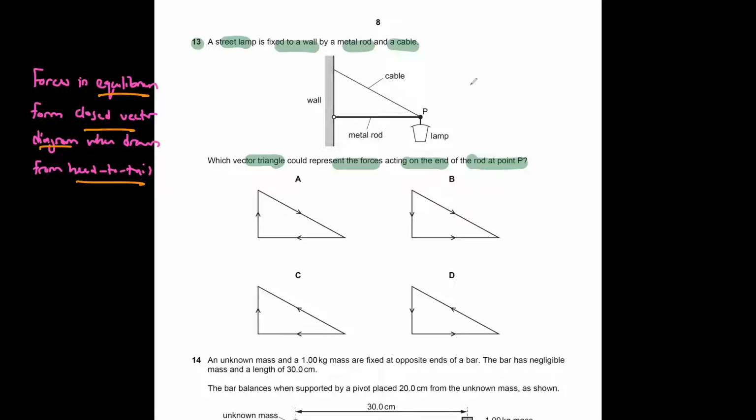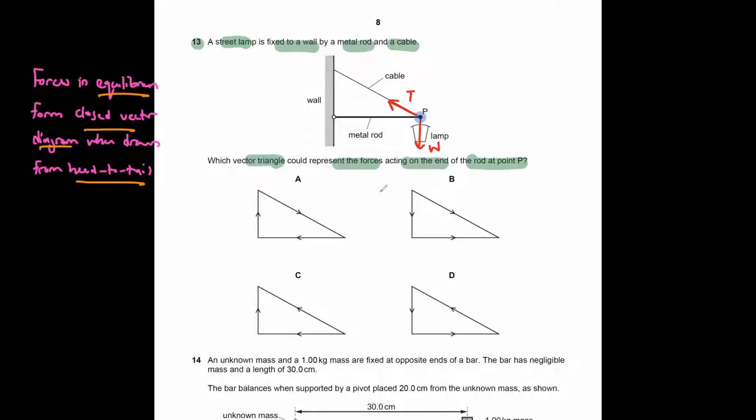So they want you to identify the forces acting at point P here. You can identify two forces already there. You would have the weight of the lamp. You will have the tension exerted by the cable.